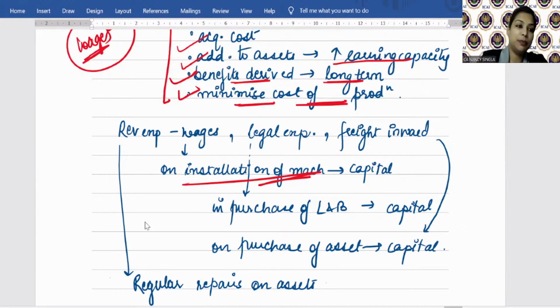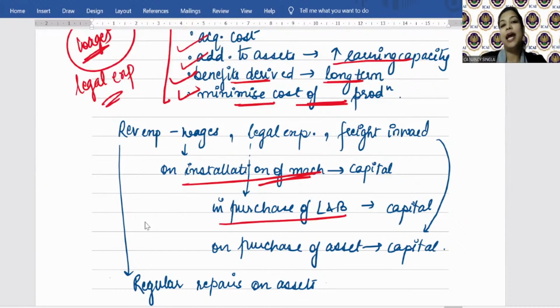Same way legal expense, ये भी वैसे तो आपका it is a revenue expenditure, right? But legal expense on purchase of land and building, है ना? तो in order to purchase that land and building, incurring this legal expense was necessity. ठीक है? So this is what again it needs to be capitalized.